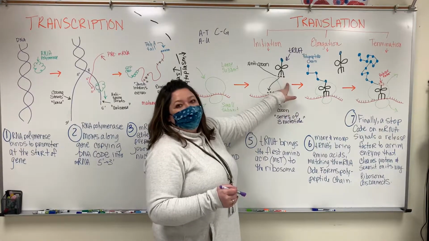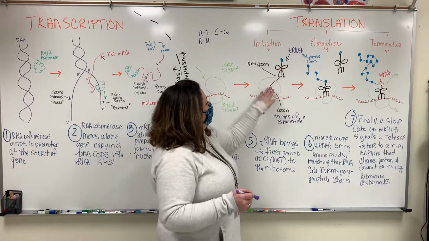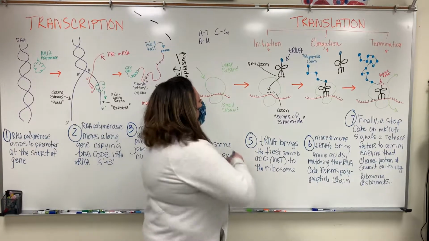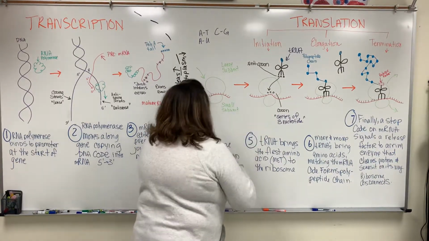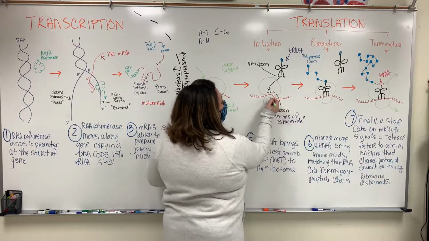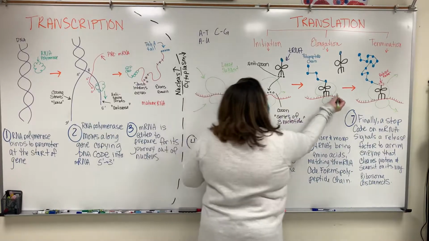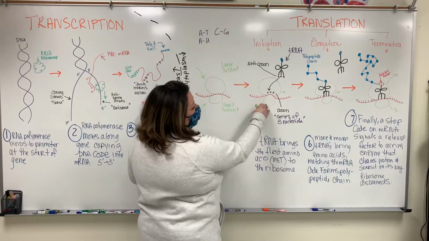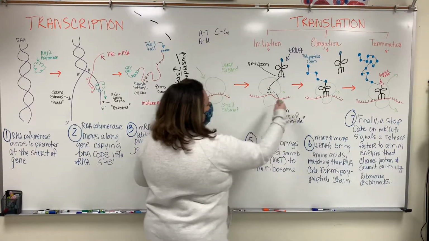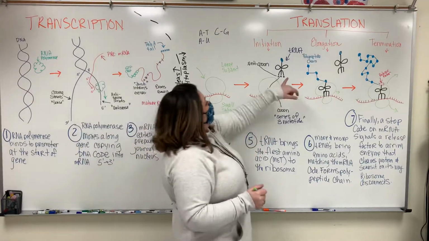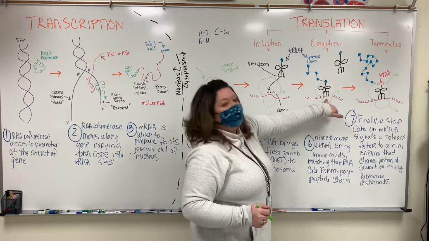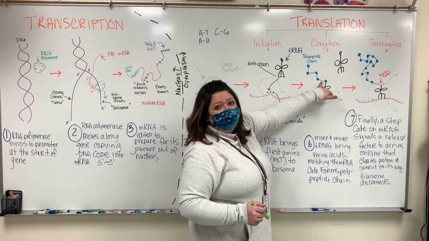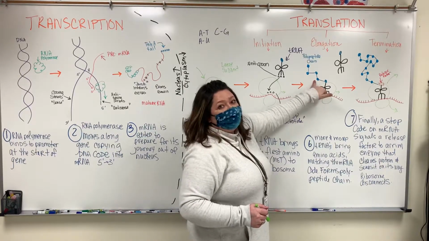So when this matches this code, it will bind, and they'll both sit into the ribosome, and then the ribosome moves. Once a tRNA binds, the ribosome moves down this direction, and then it goes to the next codon, and a new tRNA combines, and then it goes to the next codon, and a new tRNA combines. Once the new tRNA sits here, it binds the incoming amino acid with the growing polypeptide chain.